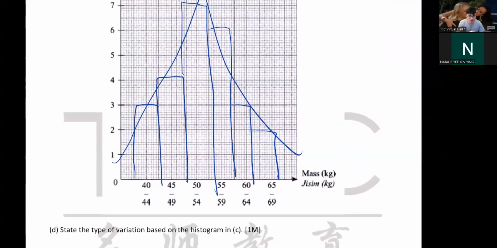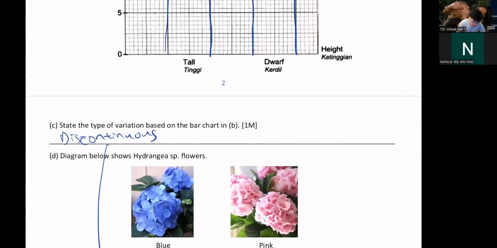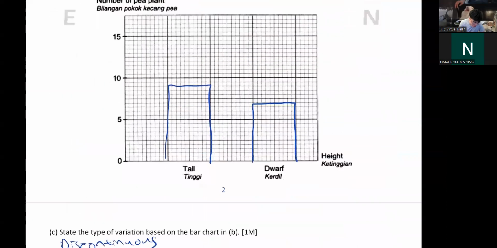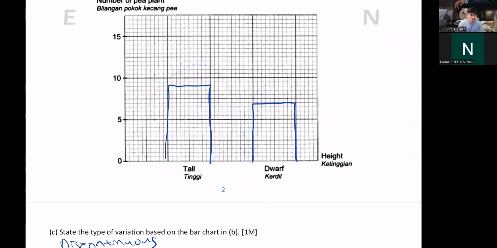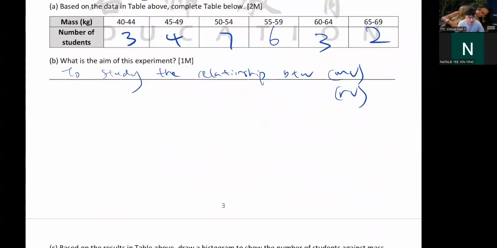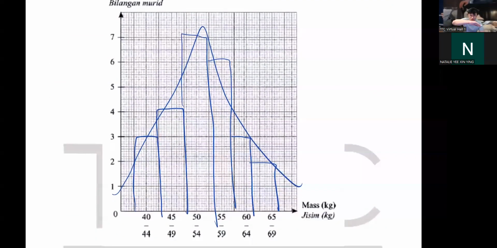You don't split height into tall and short. Is 170 tall for you? For a guy, maybe not. For a girl, maybe yes. So we call it continuous variation because it's very hard for us to draw a line. Whereas in this discontinuous one, very easily you can say this is the middle, one is on the left, one is on the right. End of story. Discontinuous. And this is continuous because it's a continuous range.